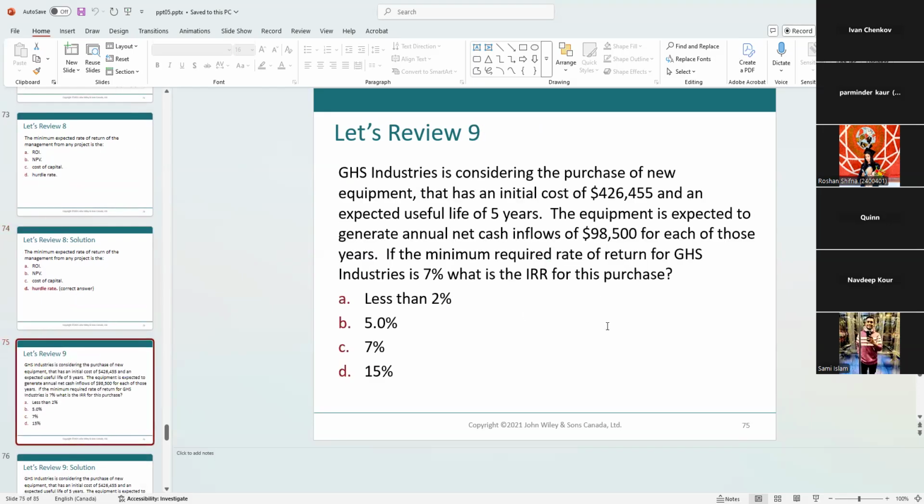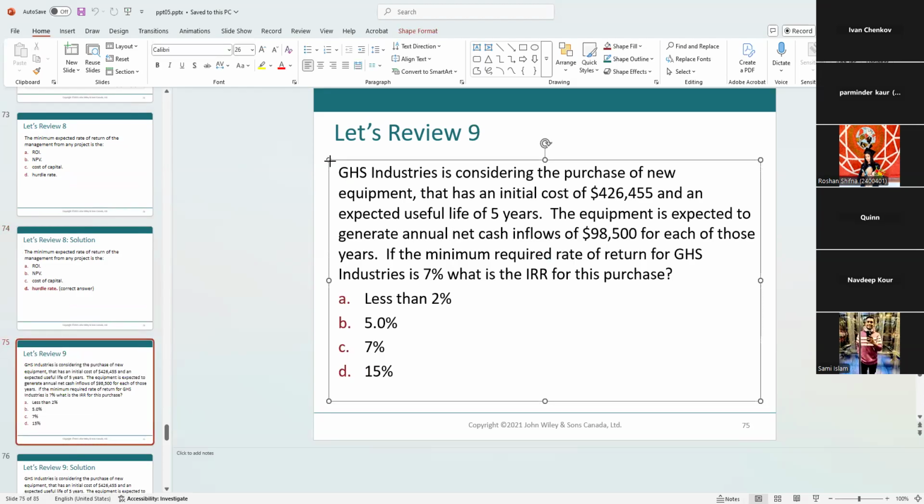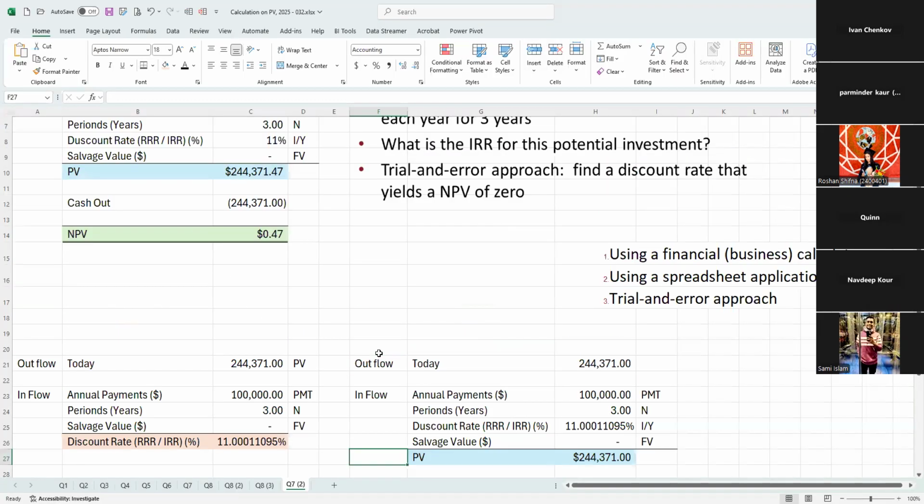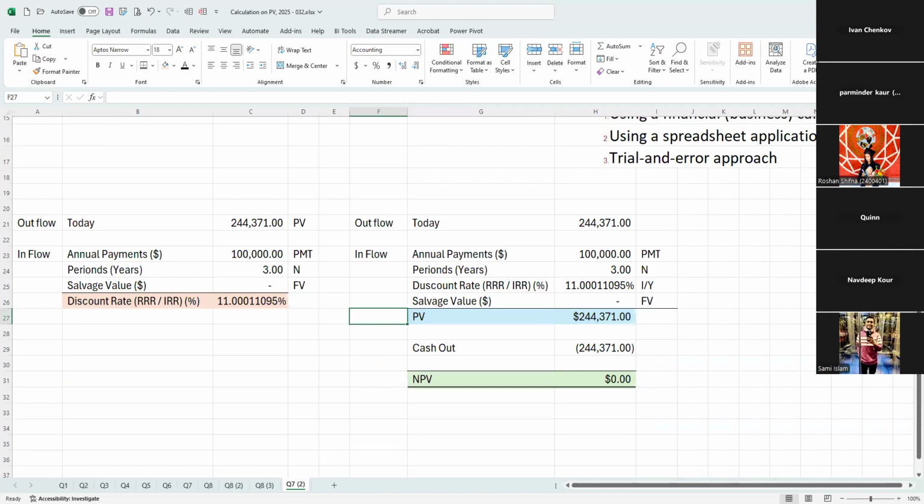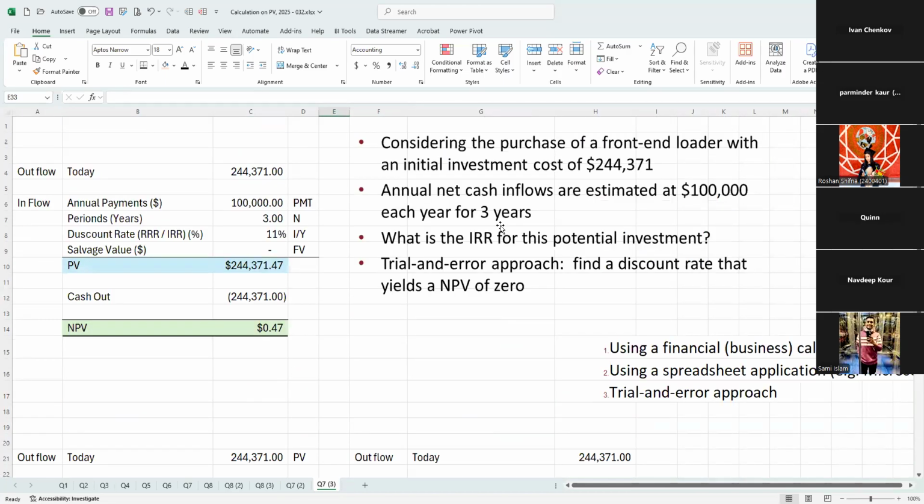And let's check this question. Let's do this question together. So let's flip to that Excel spreadsheet again, and we're going to use the last calculation that we did here. I'm going to flip it, and I'm going to pose the question.